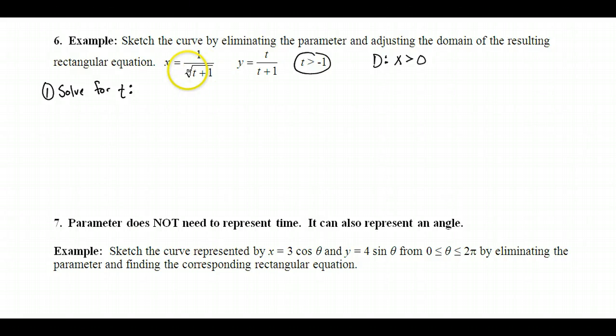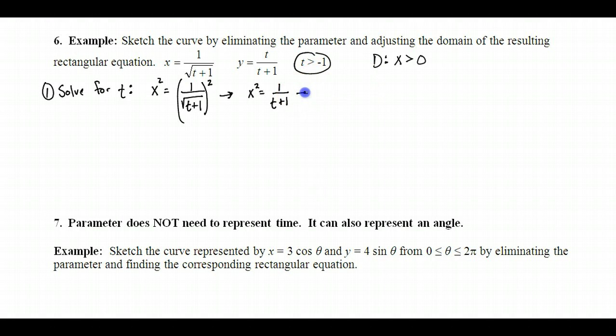So solving for t, I'm going to use x is equal to 1 divided by the square root of t plus 1. Well, in order to get rid of the radical, I'm going to square both sides. And when you square both sides, you don't add plus or minus, only when you take the square root. So now I have x squared is equal to 1 divided by t plus 1.